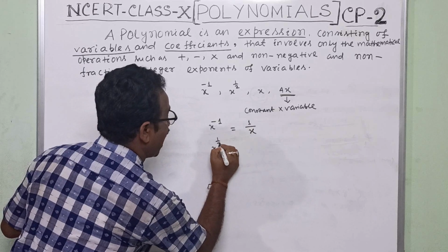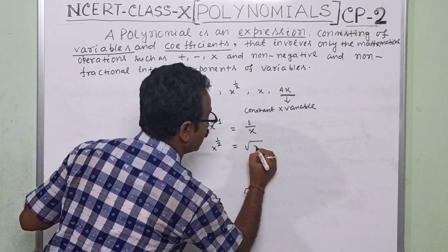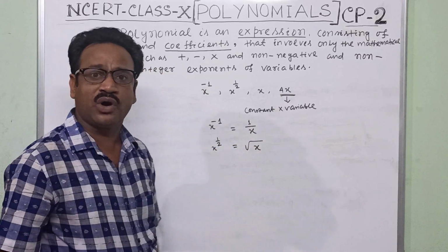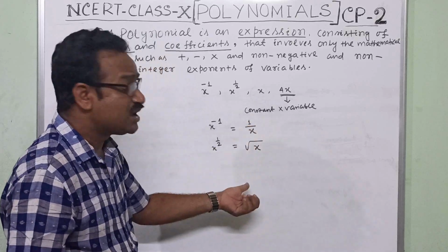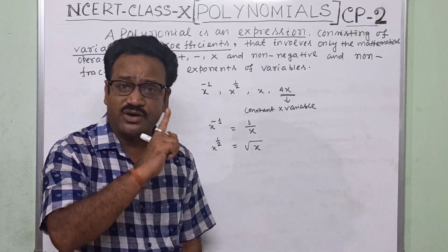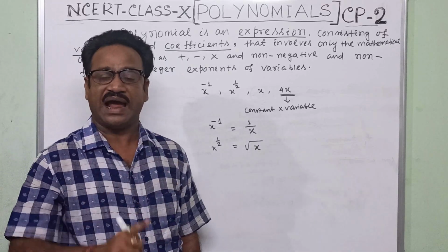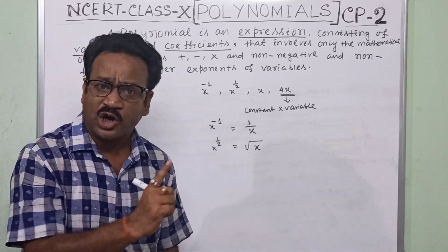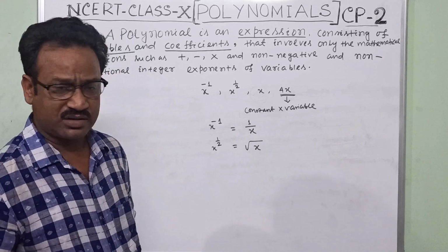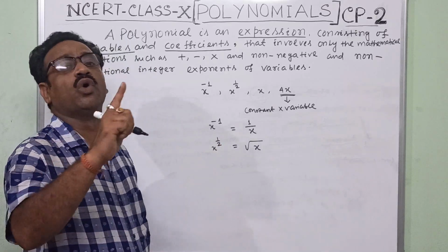x to the power half, we can write this as root over x. Already we know in the junior classes these are. So the degree of the variable cannot be negative and the degree of the variable cannot be a fractional number. So it should be a whole number.